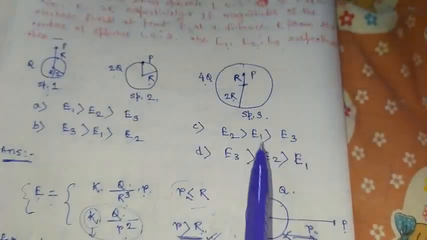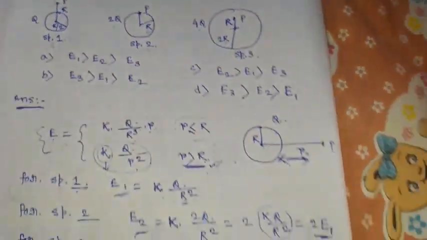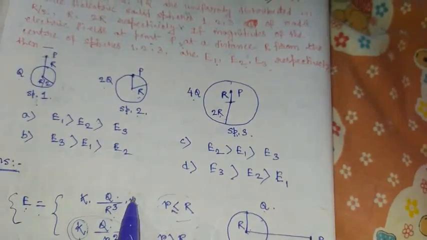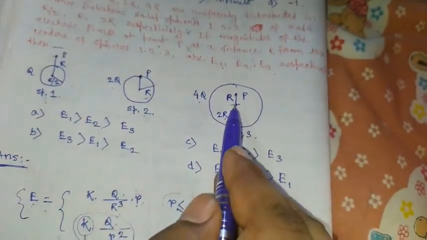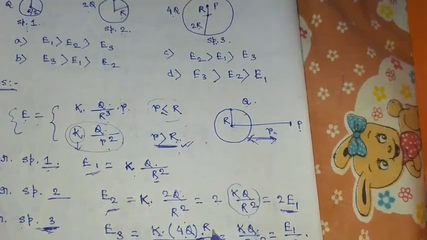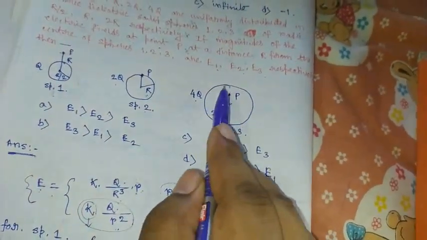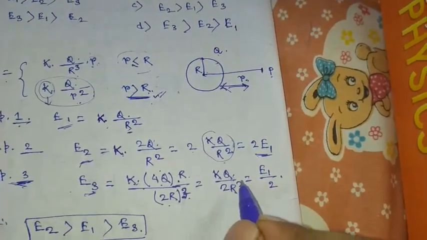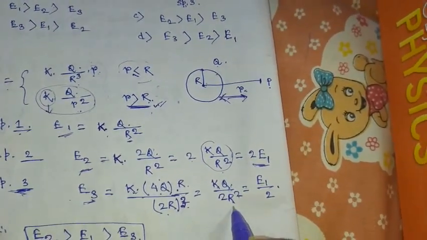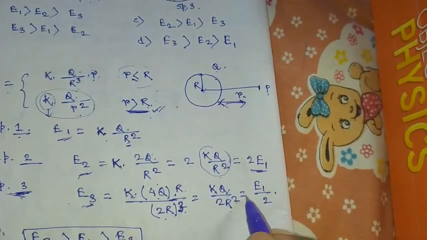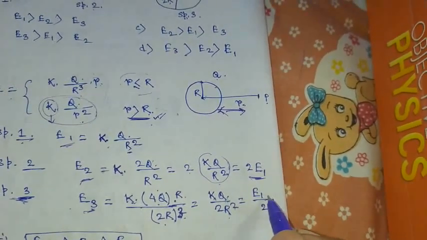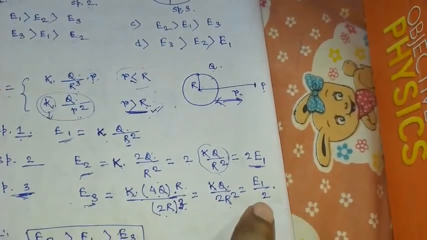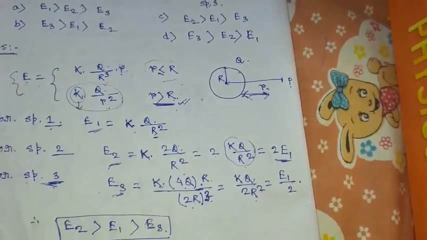The charge of this sphere is 4q, so we put here 4q, small r is the distance inside the sphere, that is r, and the radius of that sphere is 2r, so we put 2r whole cube. So after calculation, kq by 2r square is obtained. This can be written again as E1 by 2, since kq by r square is E1.